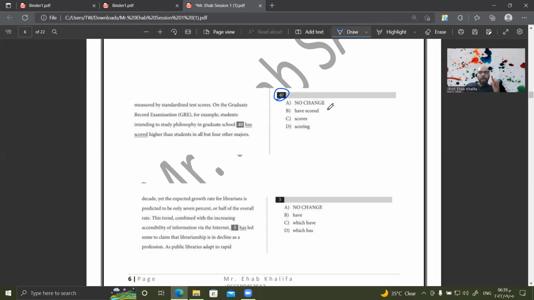Step 1, figure out the subject. Step 2, choose the verb that matches the subject. Good, Yusuf. Farah, excellent. Wadia, thank you, great.